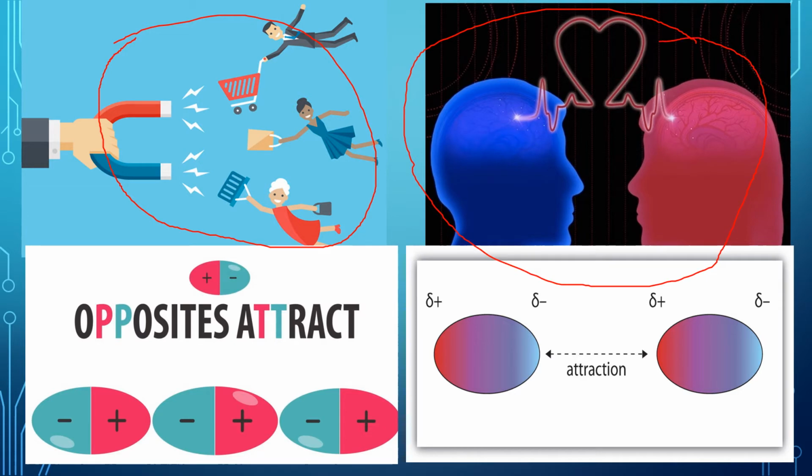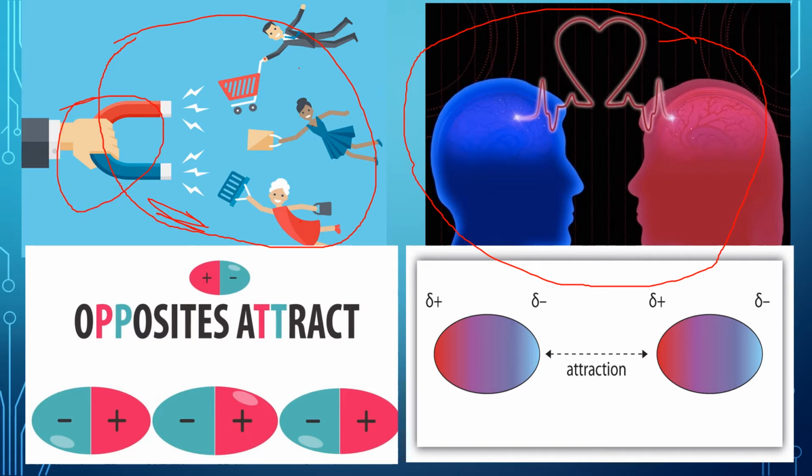In the first picture, under the subject of entrepreneurship, you can see three shoppers attracted to one, maybe because there is a sale, so they become attracted.